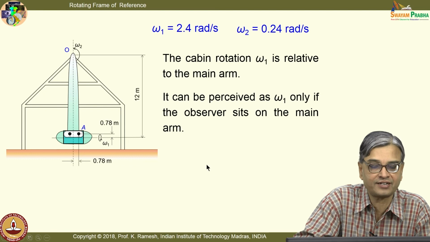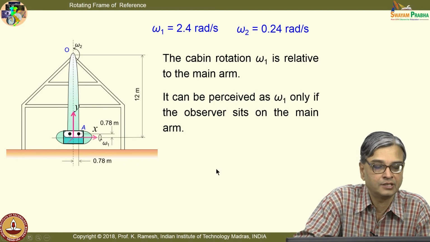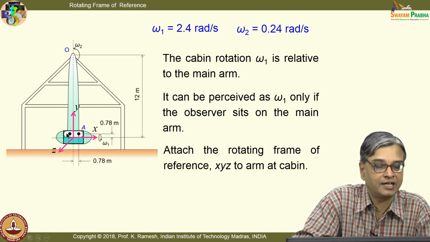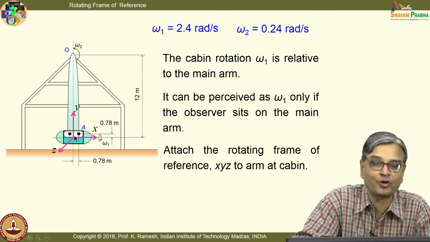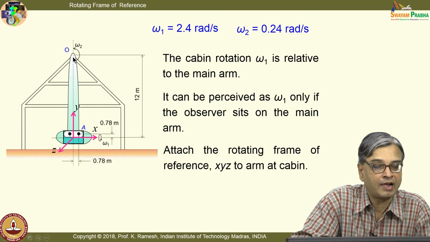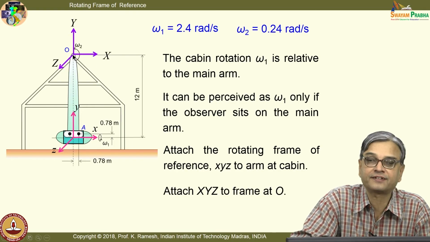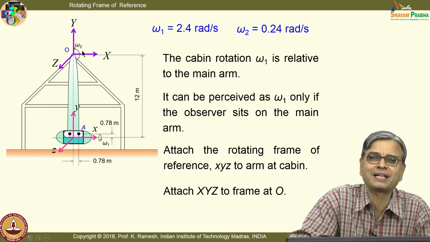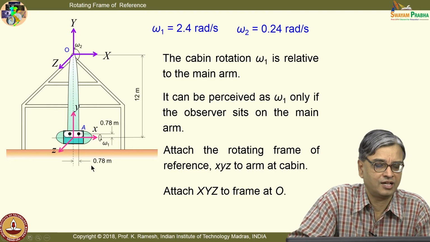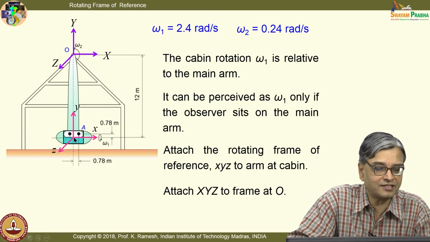That is how it is constructed. So, I have the rotating frame of reference attached to this cockpit at this point. I have the fixed frame of reference attached here. It is just to make our mathematics simple. Fine, you can also attach this frame here and then do the computation.